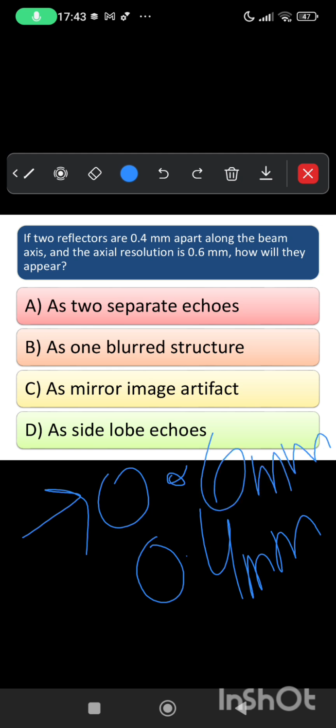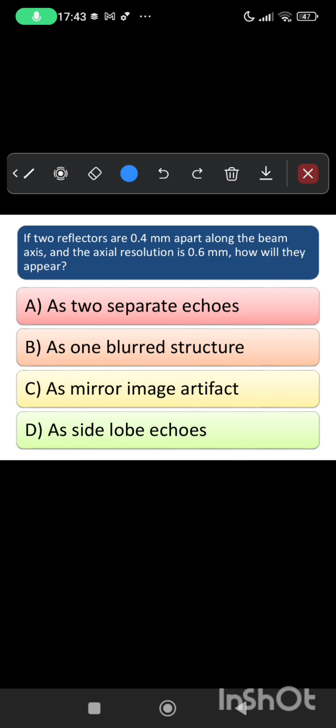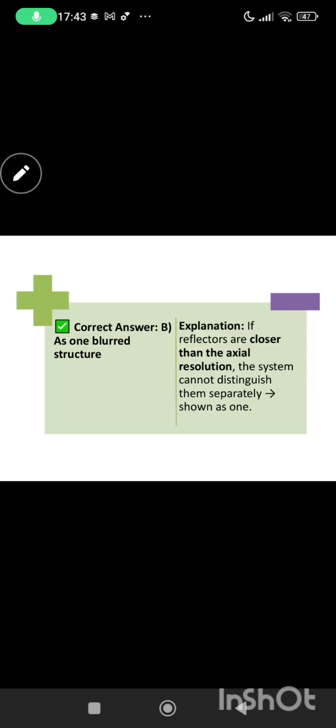It means it could not separate them. The smaller the resolution value, the better the result, but now it's more than the distance between the objects, so they will appear as one blurred structure. If reflectors are closer than the axial resolution, the system cannot differentiate them separately.